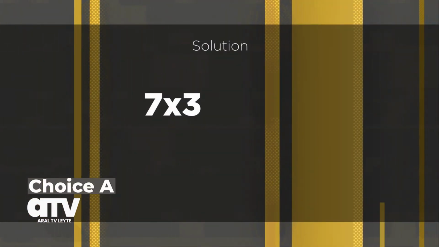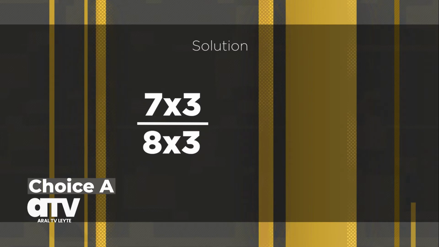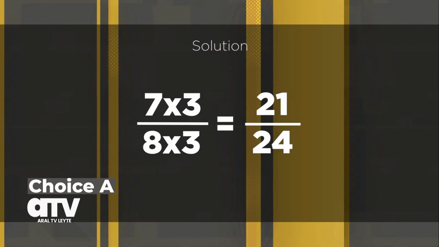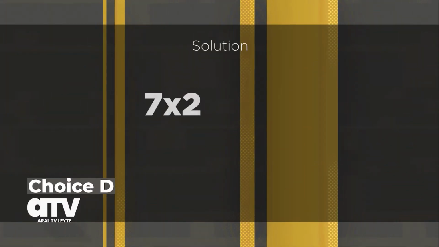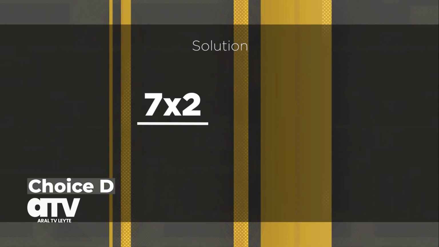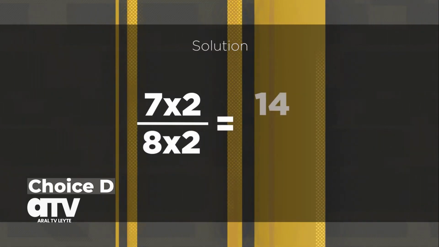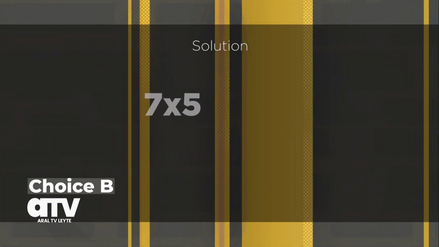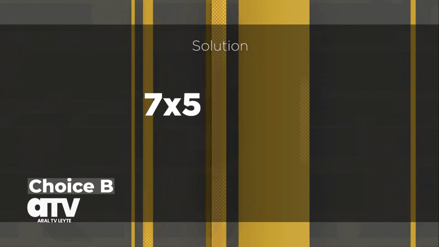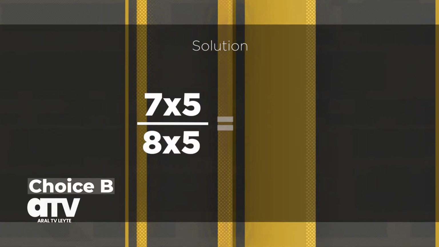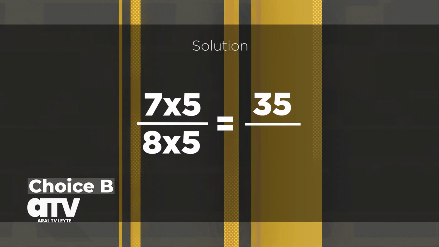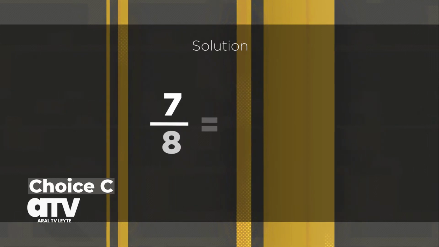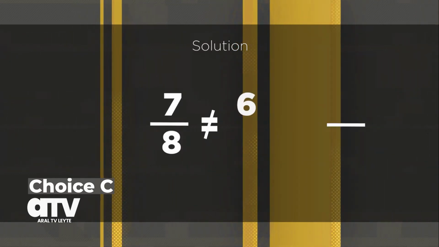7 times 3 over 8 times 3 is equal to 21 over 24. 7 times 2 over 8 times 2 is equal to 14 over 16. 7 times 5 over 8 times 5 is equal to 35 over 40. 7 over 8 is not equal to 6 over 7.